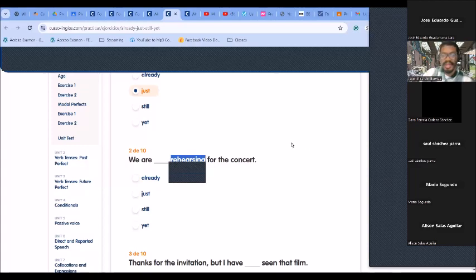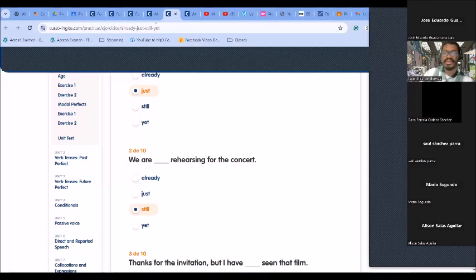And since the space in this sentence is in the middle, we know we cannot use yet. It's unfinished, but we'll put our adverb in the middle. So we either use still or yet for the unfinished activities. So the best option here is still. We are still rehearsing for the concert.